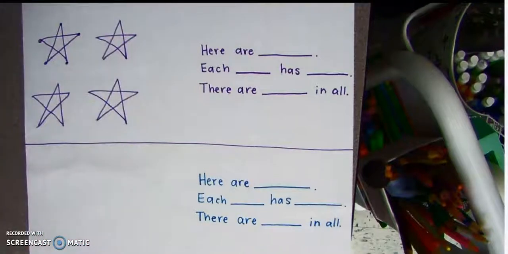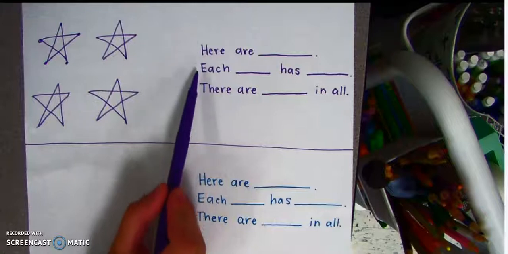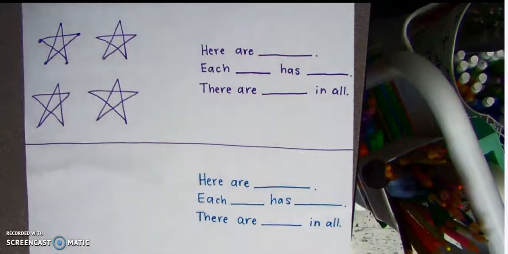So a group is the bigger object, like I said, that has or holds something smaller. So the big stars have smaller points. We're going to look at this as a few statements, and you can see that I've written these statements over to the side. You're going to use these in future lessons, so make sure that you pay attention and remember these.